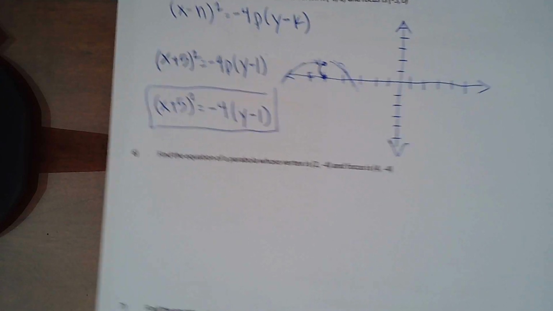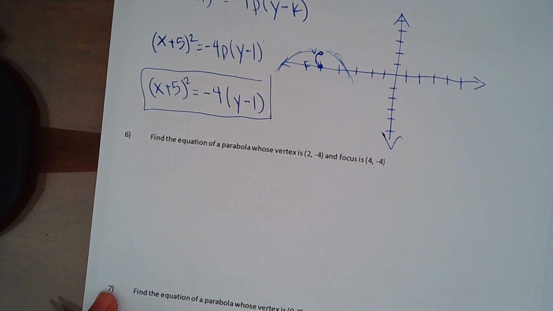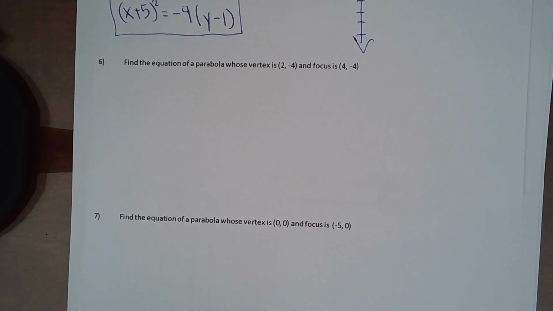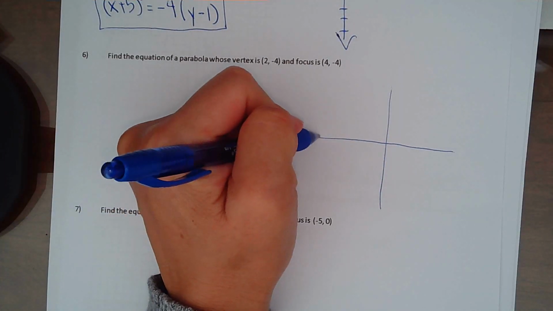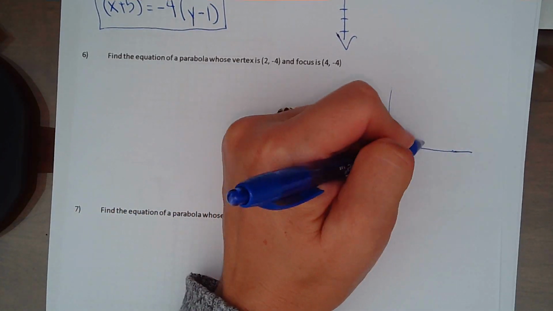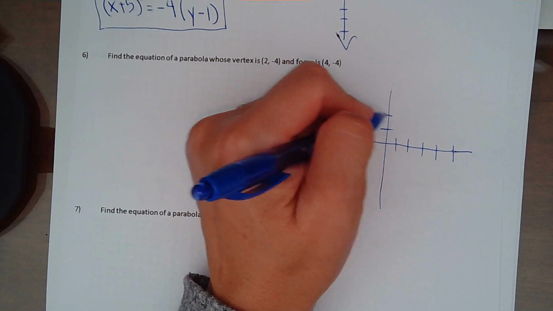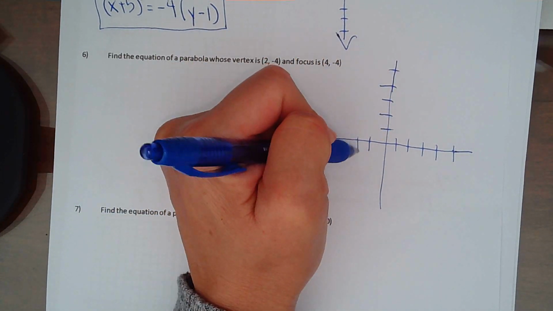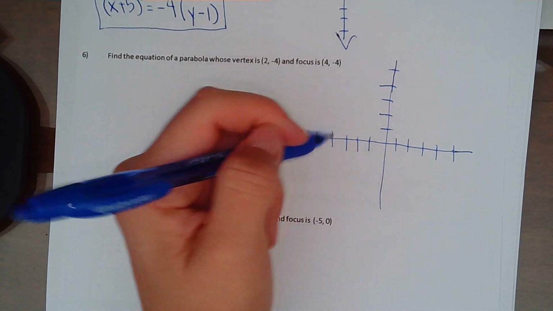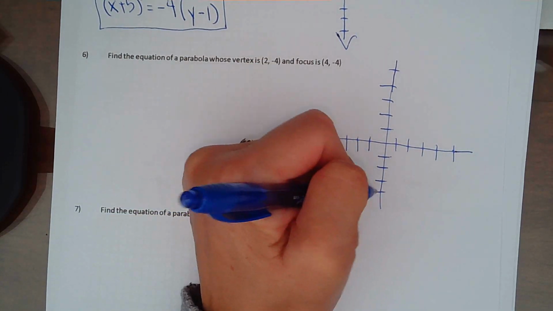Okay, so same thing here. Again, we're going to plot it out. I'm going to plot the graph over here. And 1, 2, 3, 4, 5 in each direction.